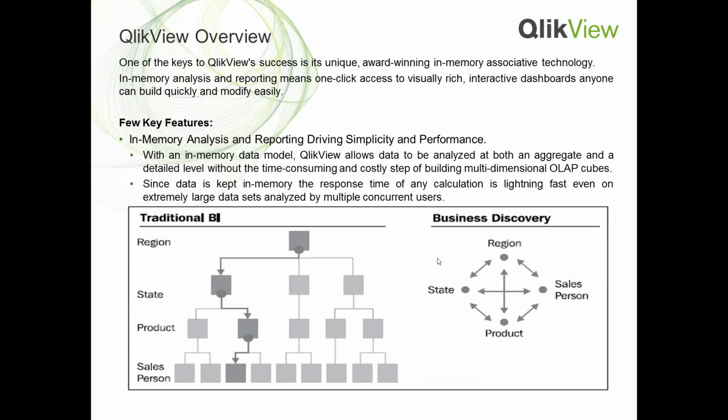Now it's very difficult to visualize an associative database. Okay, it's very hard to construct an associative database physically, but its algorithm basically treats the data in the associative way. Okay, but all of the data which is stored in the RAM is modeled in an associative way.